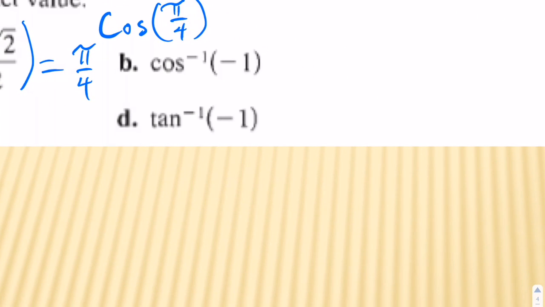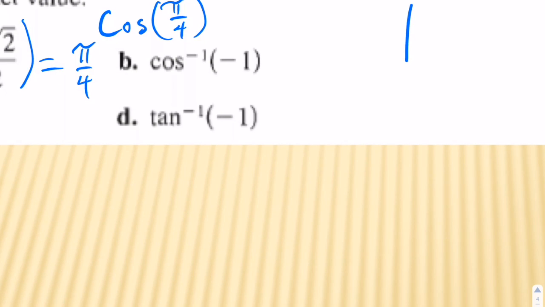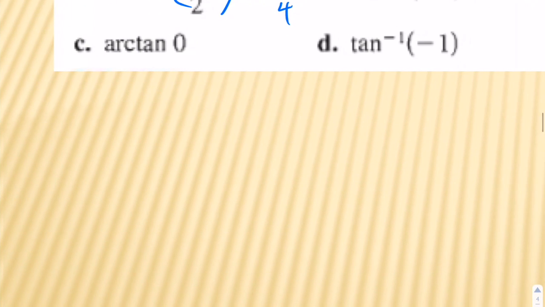Likewise, if we're taking the inverse cosine of negative 1, well, we know that cosine is equal to negative 1 at pi. So this is going to equal an angle value of pi. Let's see.